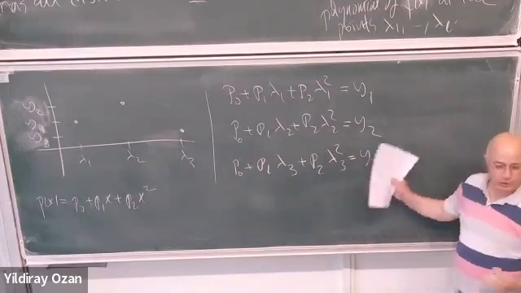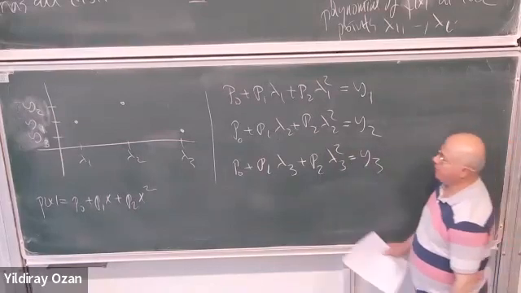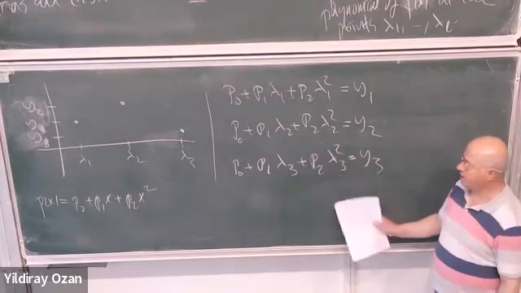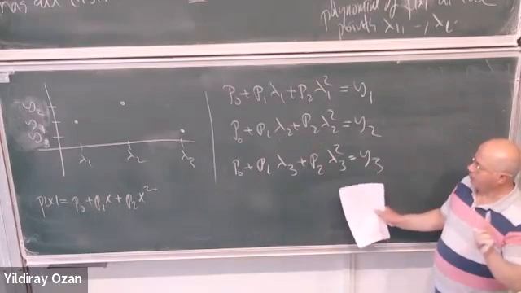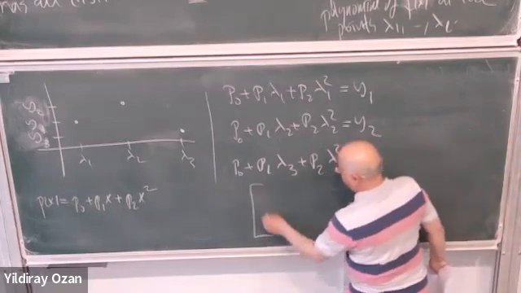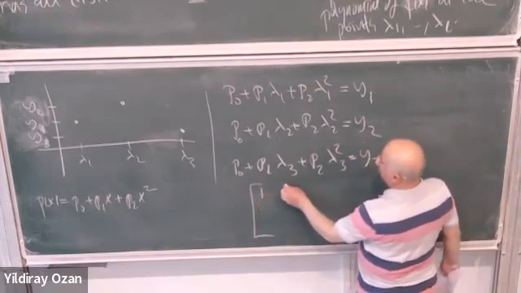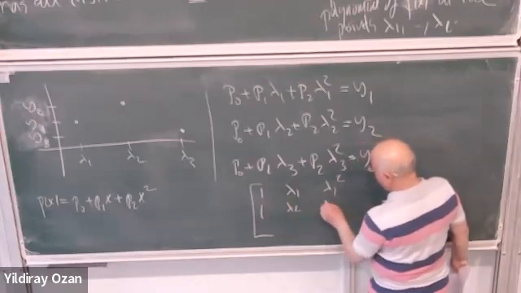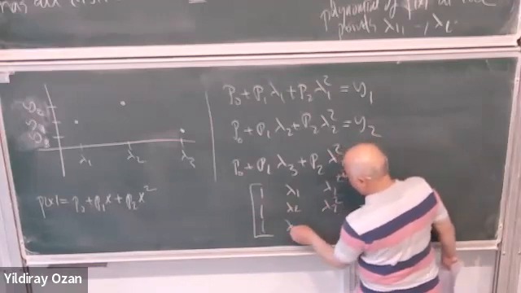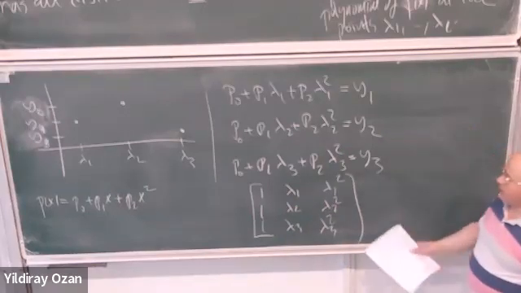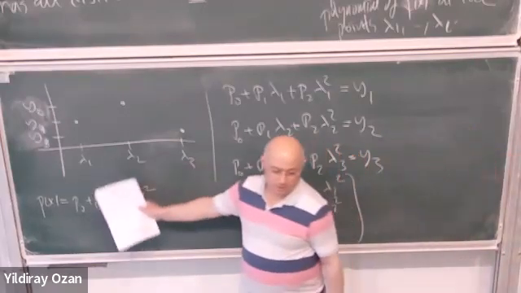You can solve this uniquely because the coefficient matrix is 1, lambda 1, lambda 1 squared; 1, lambda 2, lambda 2 squared; 1, lambda 3, lambda 3 squared. And this is invertible because these are different.